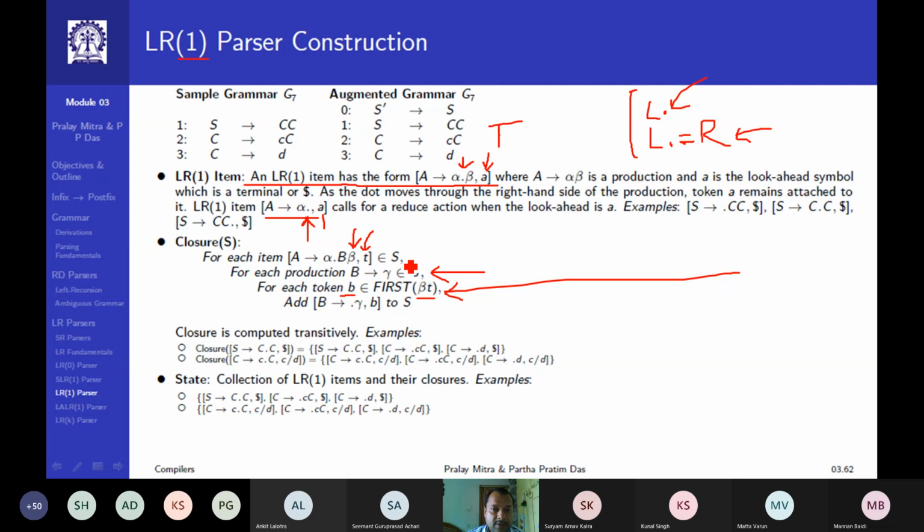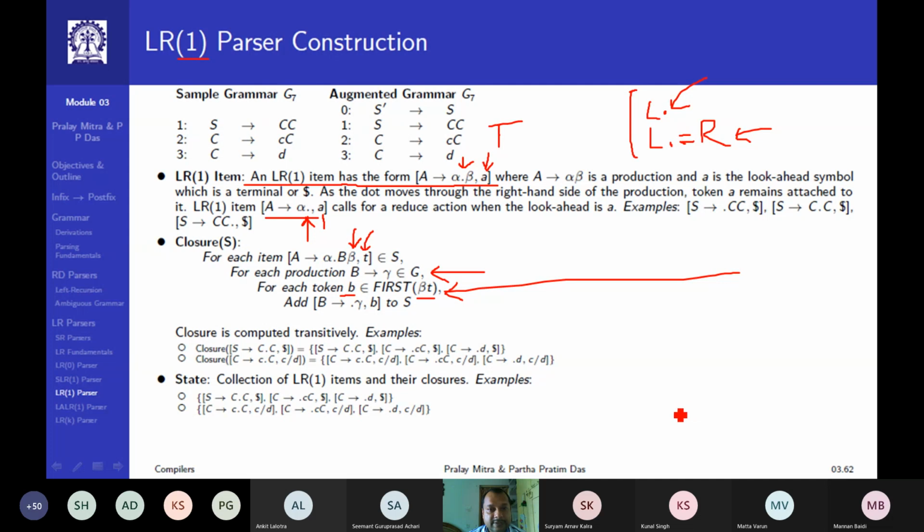But for all the production rules, the next non-terminal will say what is the first of that, or I will identify the terminal symbols which will occur after B. So for all items B derives gamma where the look ahead symbol belongs to first of beta t will be part of this state.